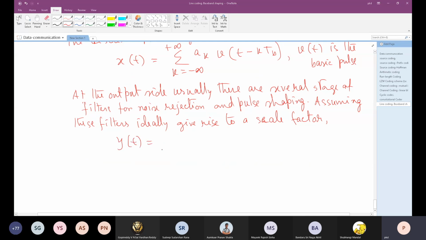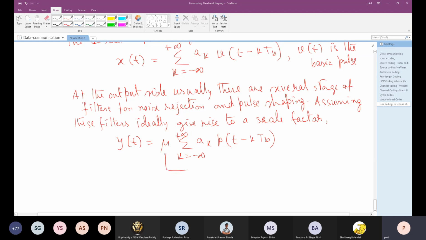y(t) is equal to a scaled version of the desired weighted, shifted pulse waveform.